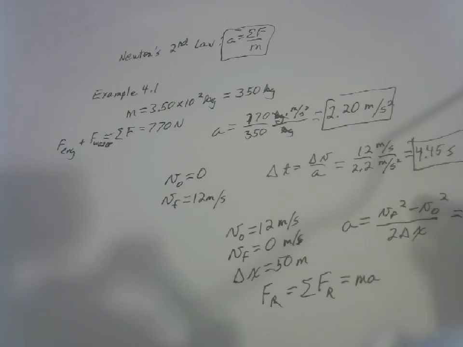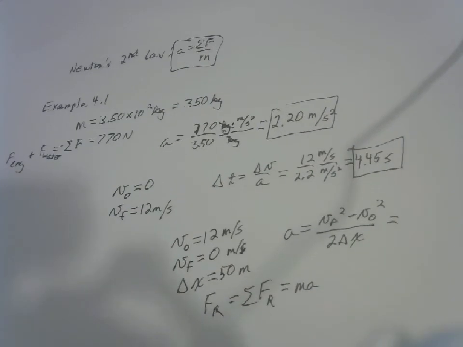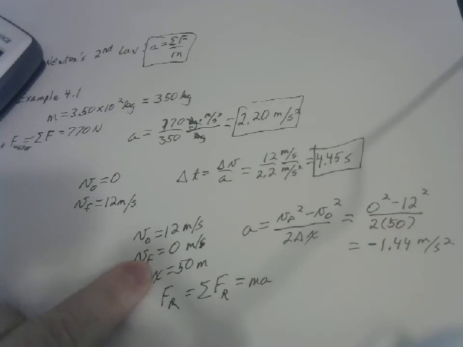So we'll calculate our acceleration from v final squared minus v initial squared divided by 2 times the delta x, and we get negative 1.44 meters per second squared.